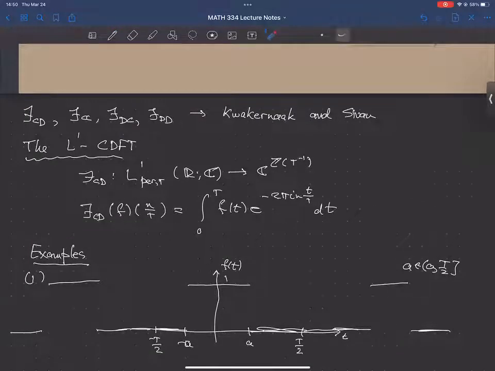So I'm just going to be integrating. Remember, I'm going to do the integral over this period, not the period from 0 to T. Instead, I'm going to do the integral from minus T over 2 to T over 2. Because the function is 0 outside the interval of minus a to a, I'm really just integrating the function e to the minus 2 pi i n t over T from minus a to a.